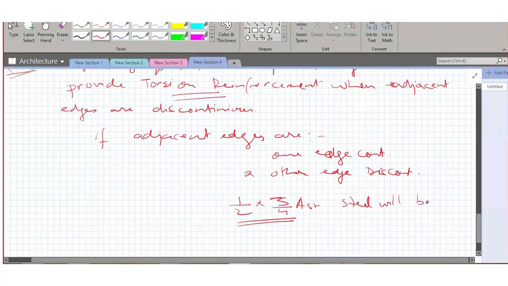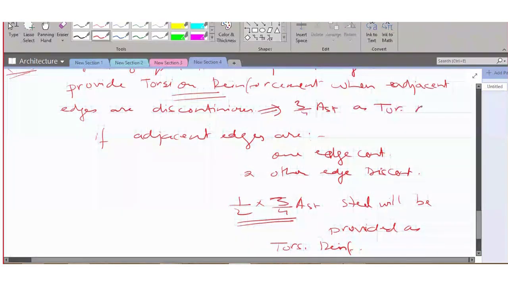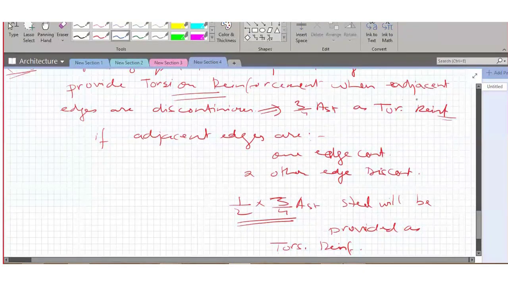I'm writing in short, torsion reinforcement. Here you'll be providing 3/4 of Ast as torsion reinforcement. So it totally depends upon the edge condition.